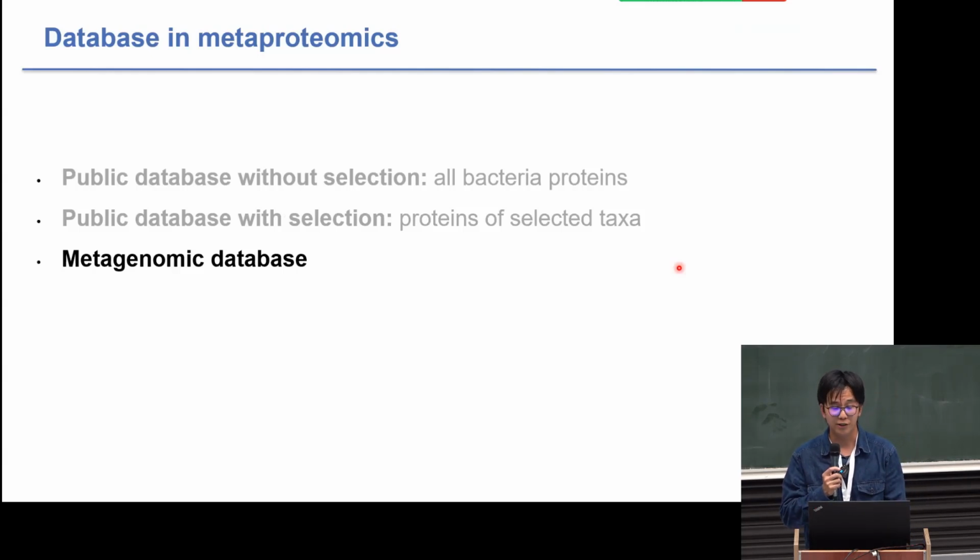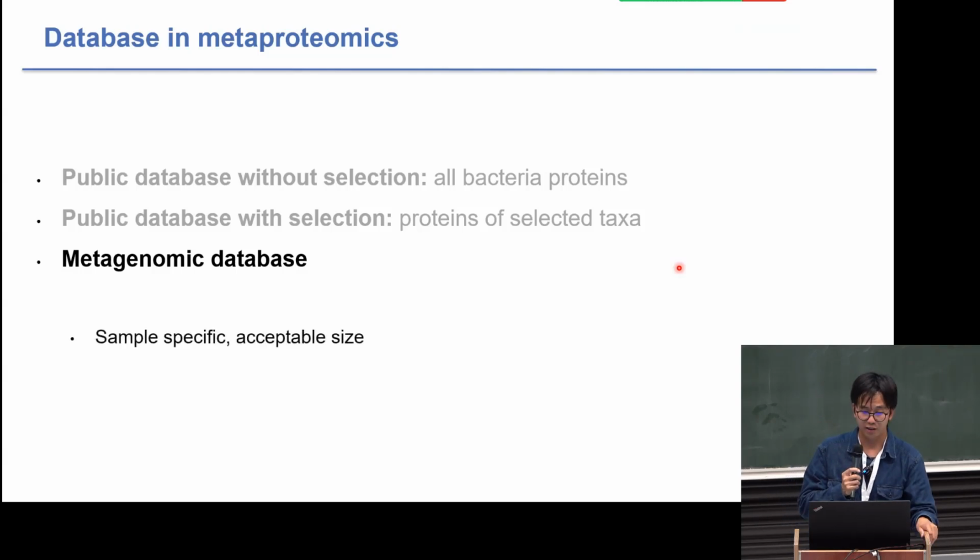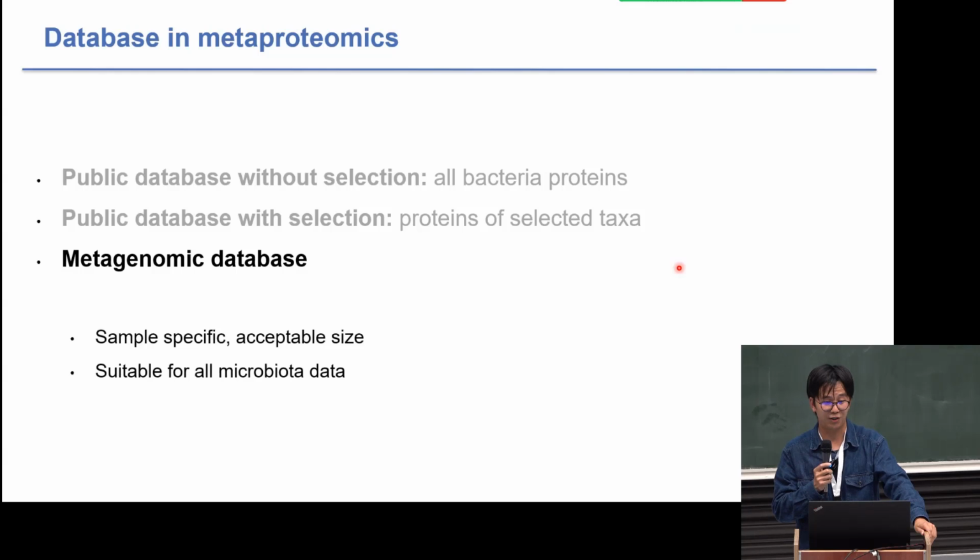We use the same sample, do the genome sequencing, and use the metagenome to translate it into protein sequences, and we can use this metagenome database as a sample-specific database, and the size is really under control. And an even better thing is that it's suitable for all microbial data. So even if you are working with environmental samples that don't have a very nice reference database, it's also fine.